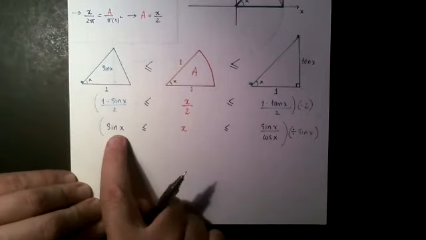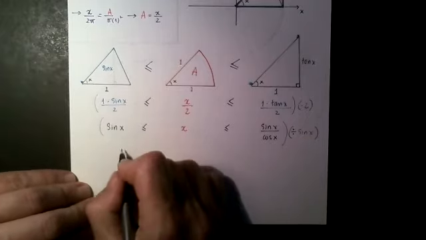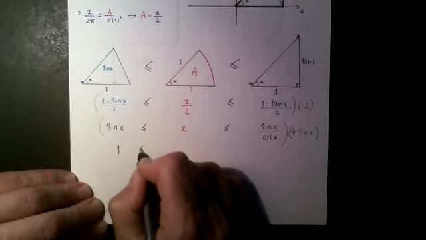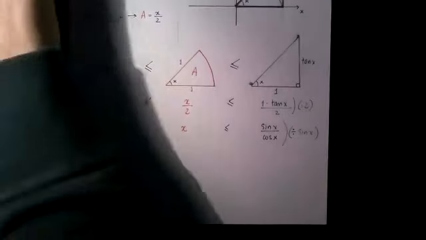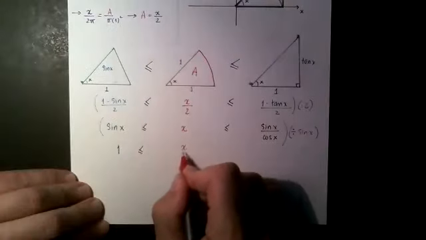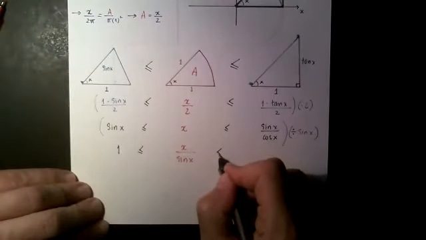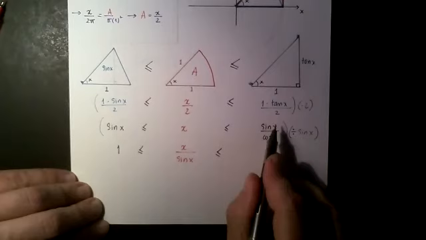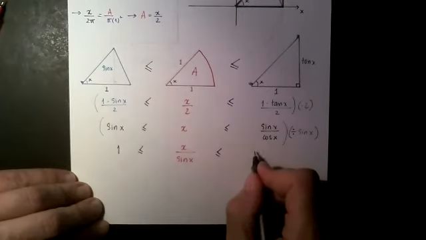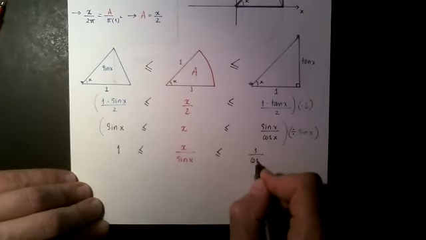Sine x divided by sine x is just 1, smaller than or equal to, x divided by sine x, and then smaller than or equal to, sine x cancels, so I have just 1 over the cosine of x.